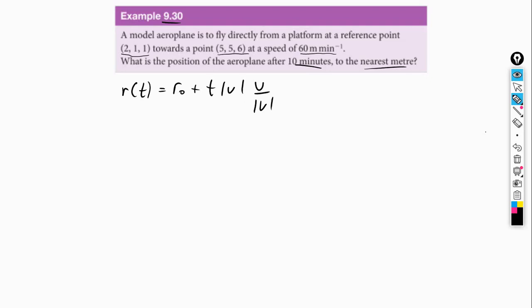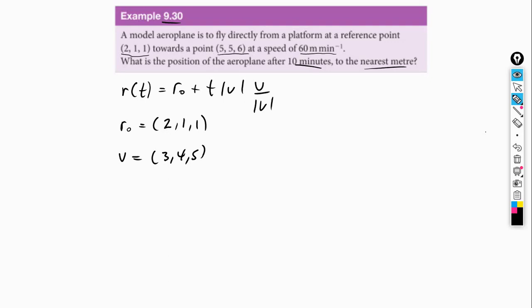So r sub 0 is going to equal 2, 1, 1 because that's the initial reference point. And then we know that the velocity vector would be given by the position at the second point minus the position in the first point. So that's going to be 3, 4, 5. That's simply subtracting 5 minus 2, 5 minus 1, and 6 minus 1.